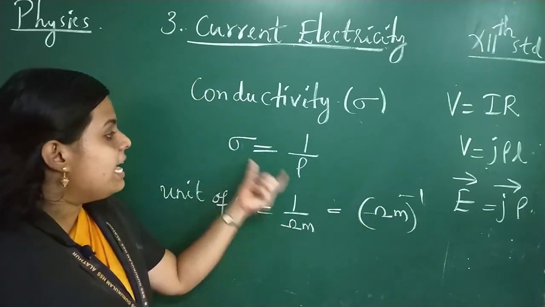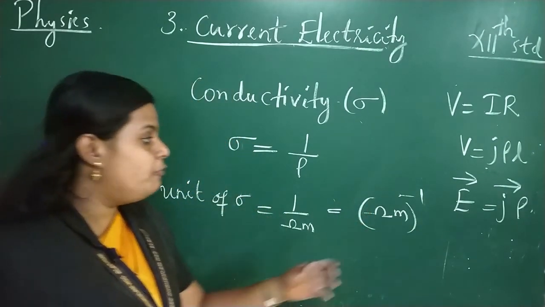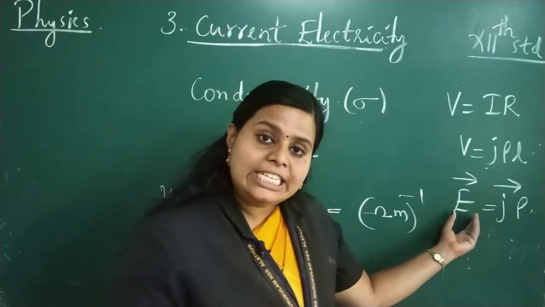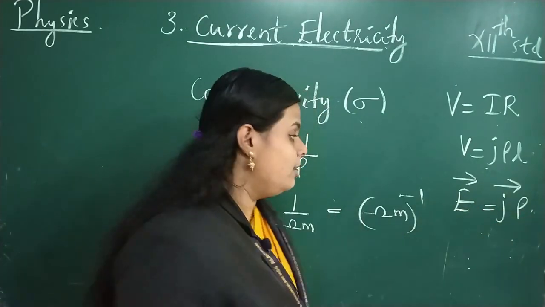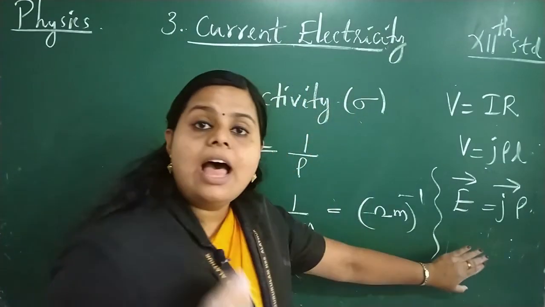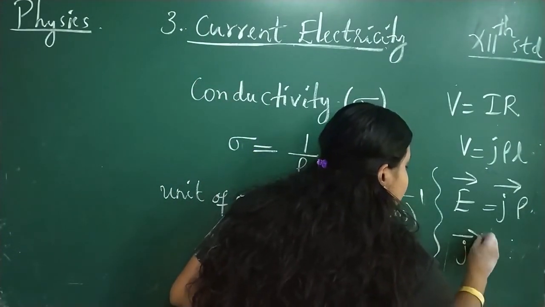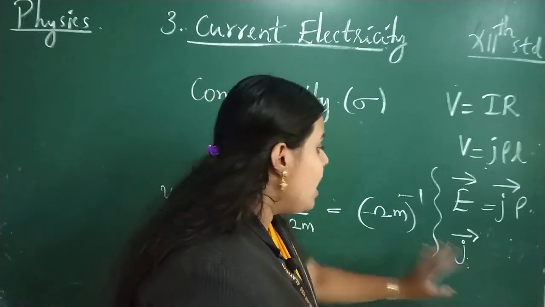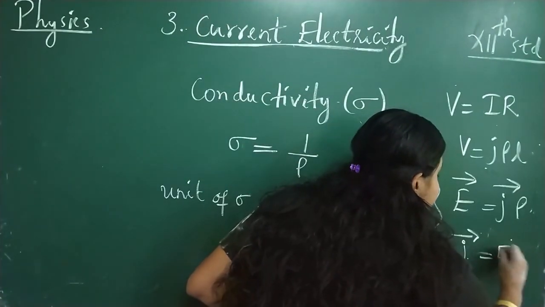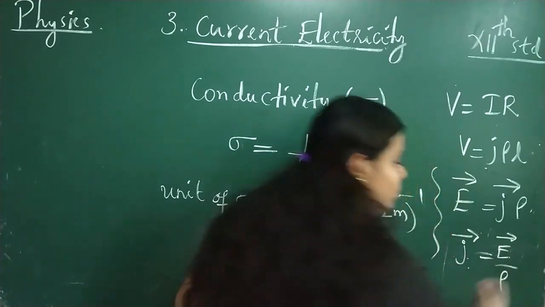Now we can write another expression for E. Now listen children, from this expression we can develop another expression. What is the expression for the current density J? Yes, J is equal to E divided by rho. Right?